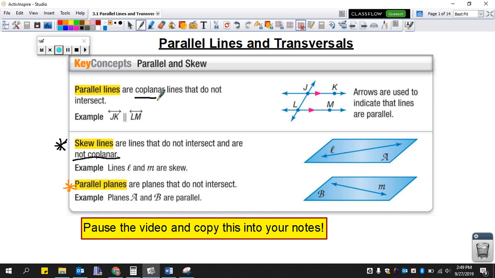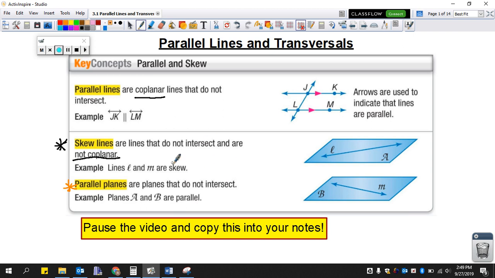Parallel lines are coplanar, which means they're on the same plane. Skew lines are lines that are on different planes, and that obviously do not intersect.